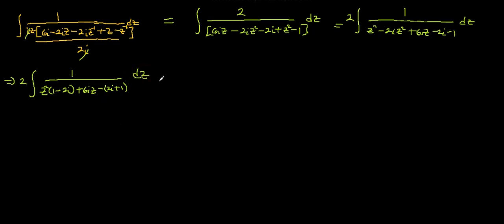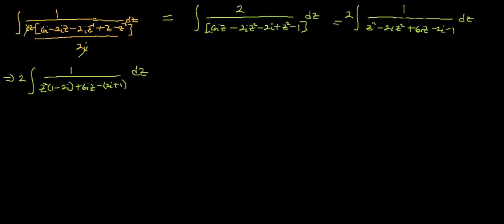So let's look at our denominator, if we look at it carefully. We have our denominator to be z squared into 1 minus 2i plus 6iz minus 2i plus 1. Let's compare this with the quadratic equation ax squared plus bx plus c equal to 0.